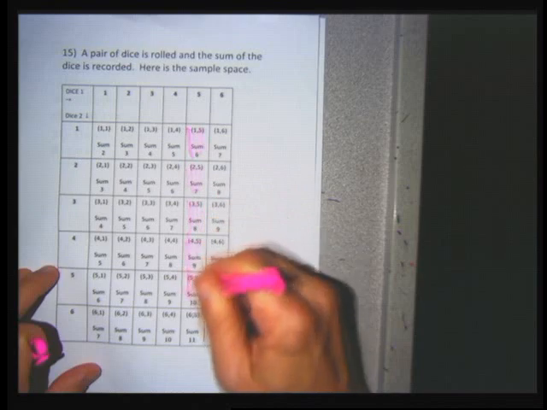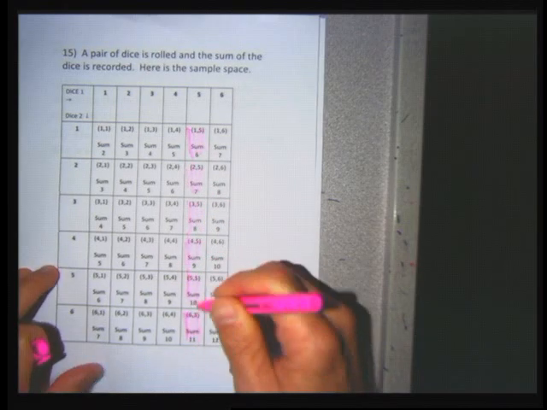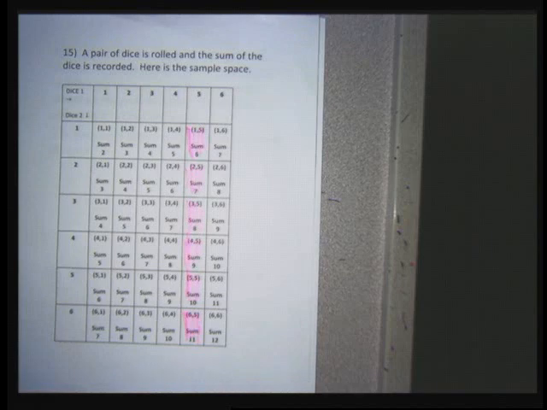So it tells me right in the instructions that this is a conditional probability that I need a reduced sample space. So my reduced sample space is going to have those 6 elements.